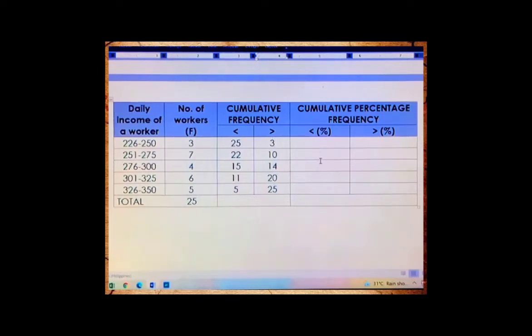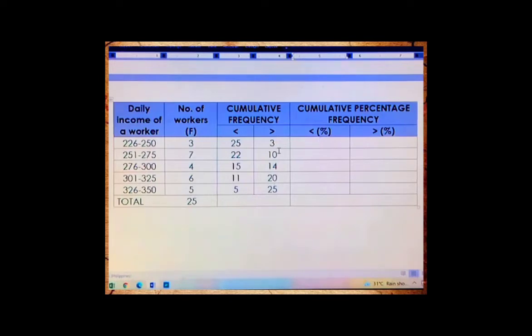So to find the cumulative percentage frequency lesser than percent and greater than percent, we are going to start here. We all know that to compute the CPF lesser than percent and greater than percent, we solve with a formula.